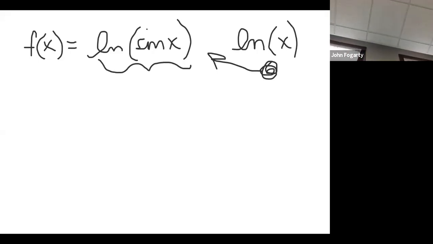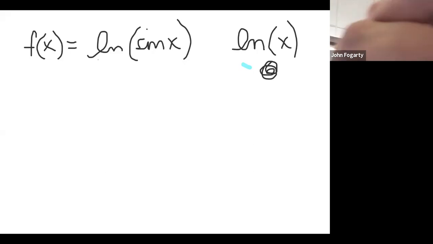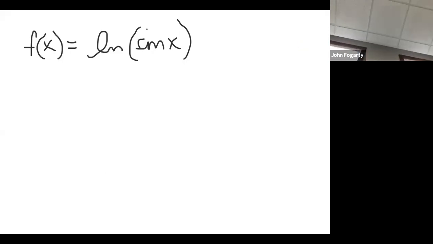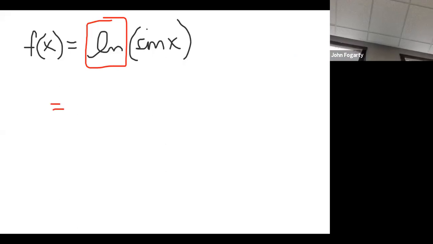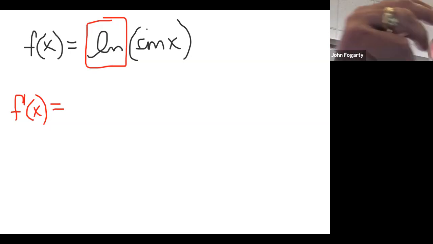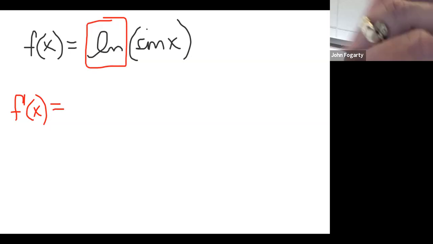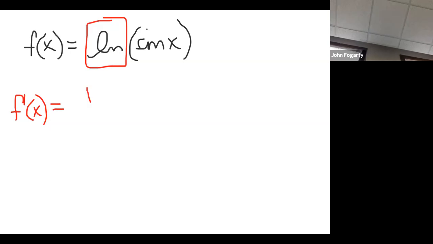So there's two things you're doing there. Ready? So let's just do what we learned. We're going to do the outside first. So the first thing we're going to do is 1 over sine of x. Very good. So f prime of x is going to be the natural log not of x, but of the sine of x, and the rule simply means this.